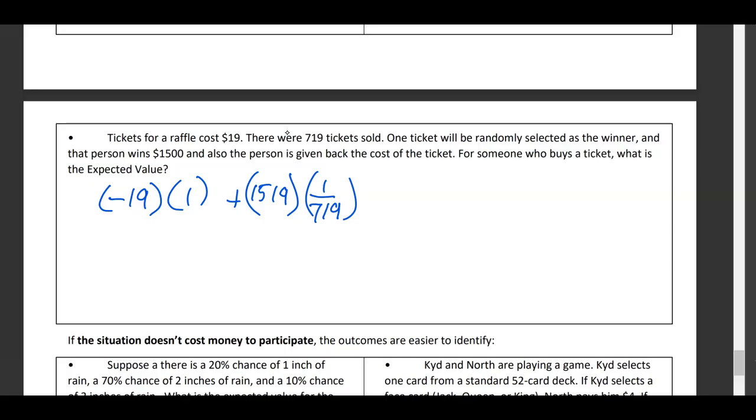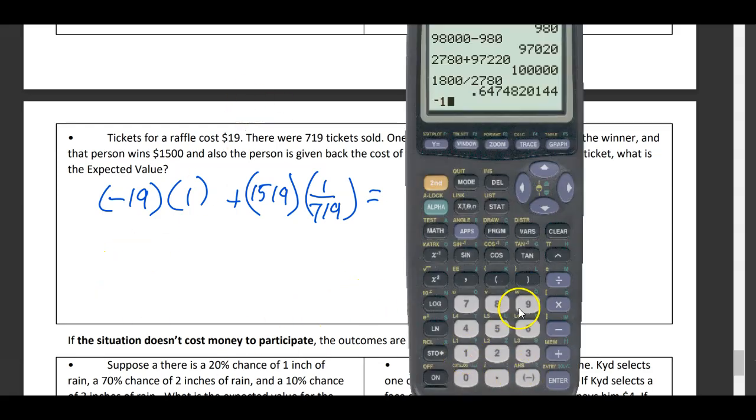So I'm guaranteeing to lose $19 with analyzing it this way. Just that money's gone. And there's a chance that I earn $1,519. You just work it out, see what you get. Negative 19 plus 1519 divided by 719. Negative 1689.